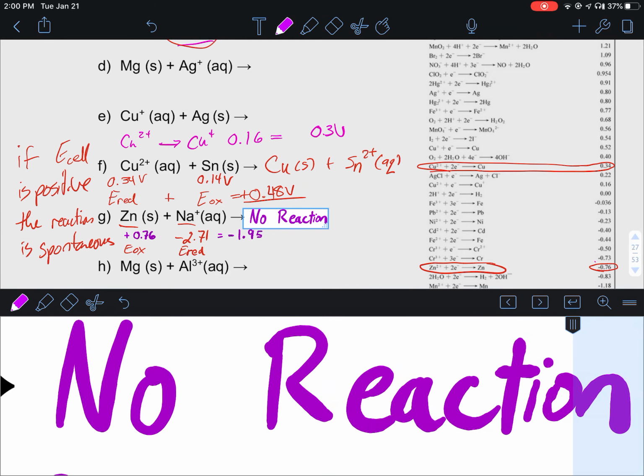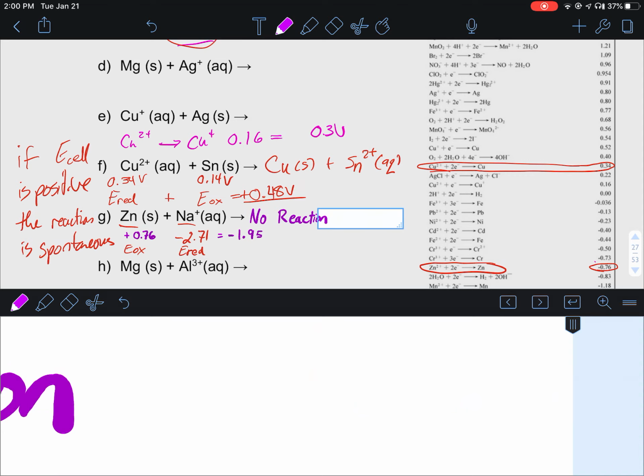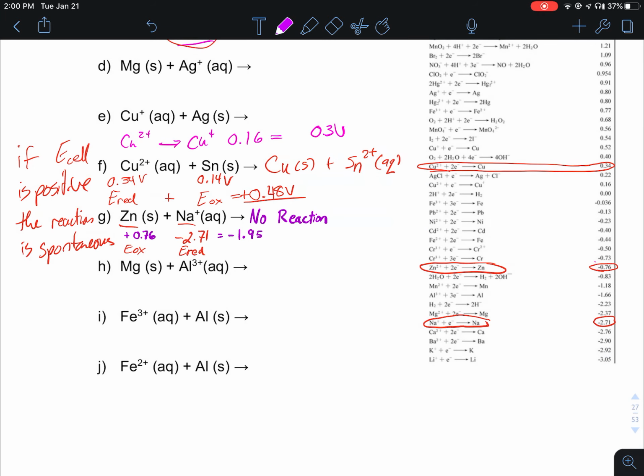So the idea here is that the sodium ions, they do not want electrons, right? Sodium has only a single electron in its s orbital. It doesn't want any more electrons. It's happy. It's got a full shell now that its valence electron has been lost.